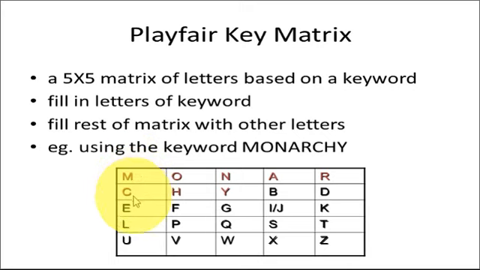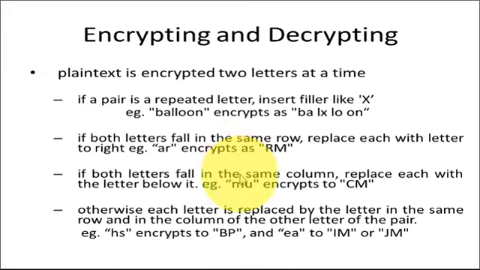For M, the next letter is C. For U, there is no letter below, so rotating back, the letter below U is M. So we replace M by C, and U by M.